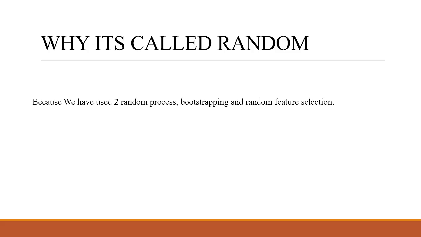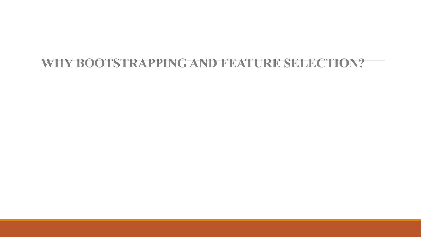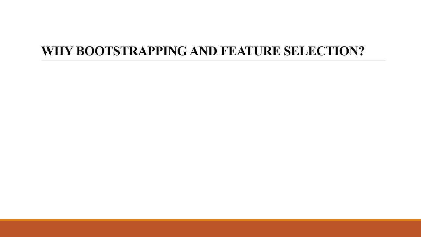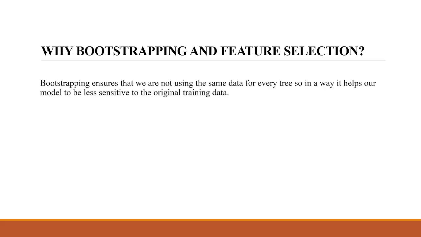If you use every feature, then most of your trees will have the same decision nodes and will act very similarly. That will increase the variance. And the next one is why bootstrapping and feature selection? The first point is bootstrapping ensures that we are not using the same data for every tree, so in a way it helps our model to be less sensitive to the original training data.